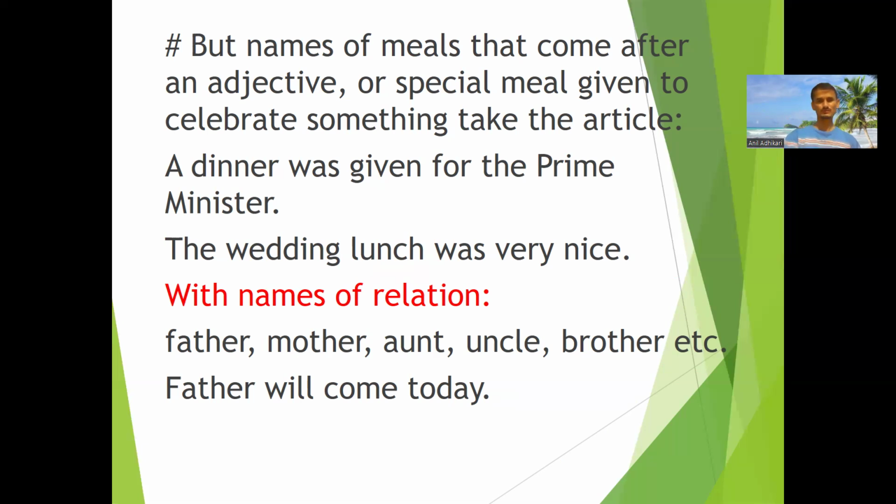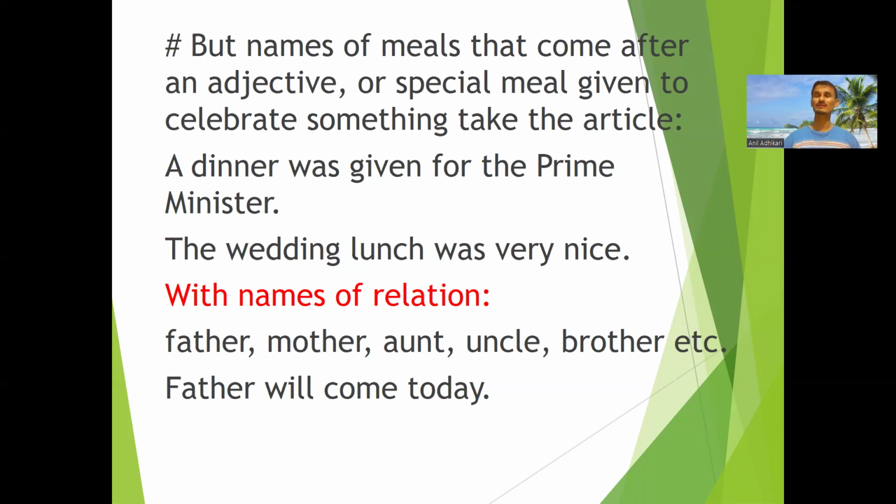Similarly, with the names of relations, we have so many relations in our personal and social life. Father, mother, aunt, uncle, brother, girlfriend, boyfriend. Before relations, we never use the.